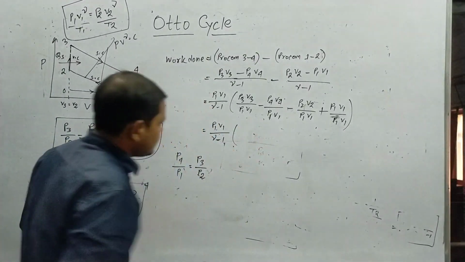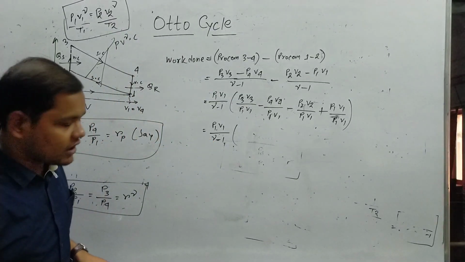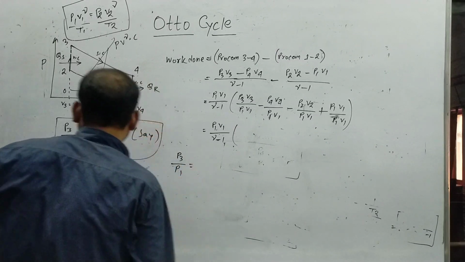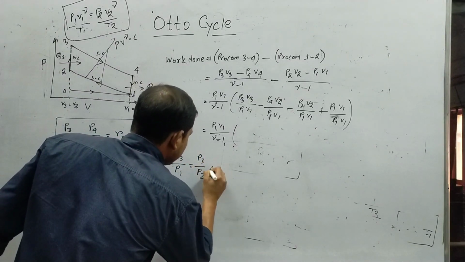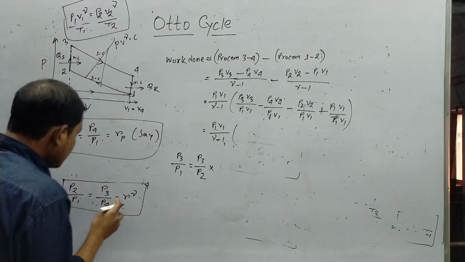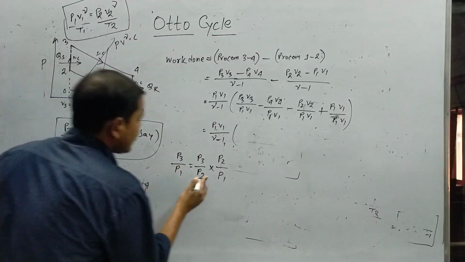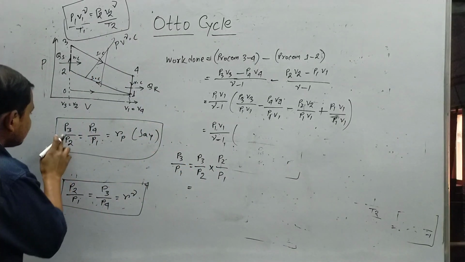Okay, so now this is P3 by P1, and this P3 by P1 can be written like this: P3 by P2 into P2 by P1. This P2 will be cancelled. Now it will become P3 by P2.